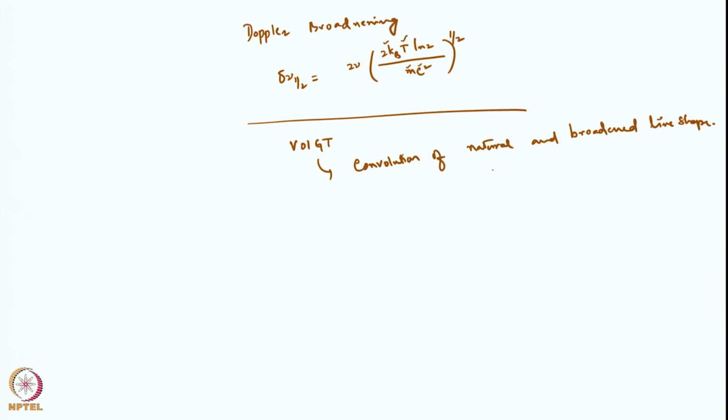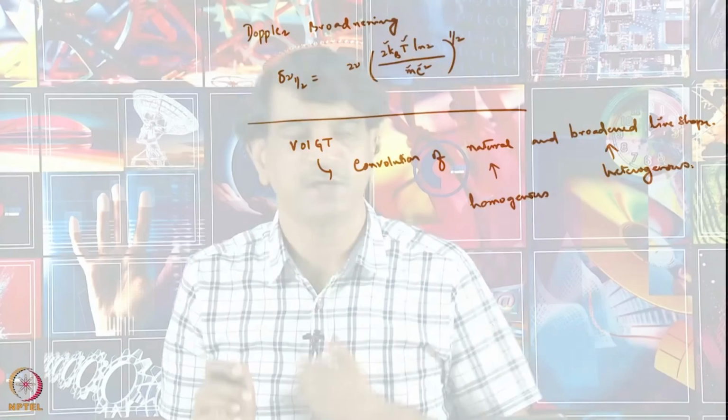It turns out this natural line is also called homogeneous, and this is heterogeneous. Homogeneous because it is intrinsic to the molecule, and heterogeneous because it is getting influenced by the external parameters.